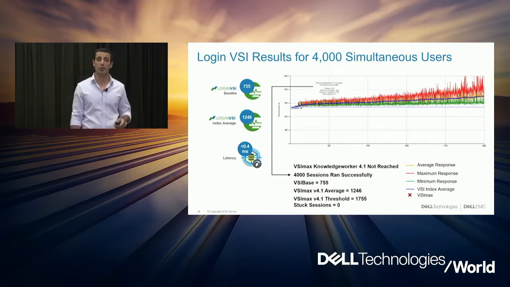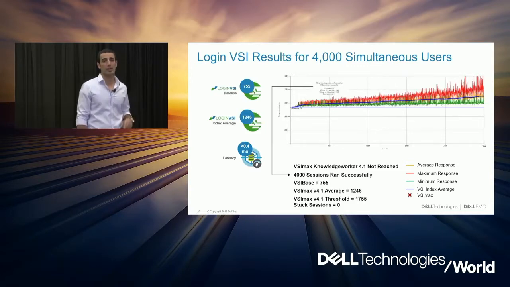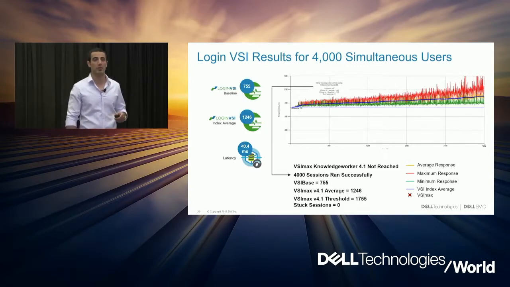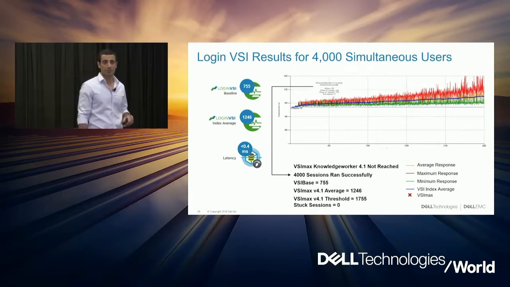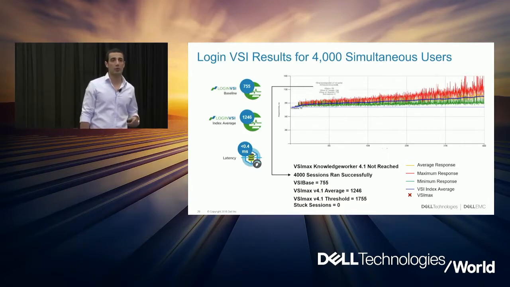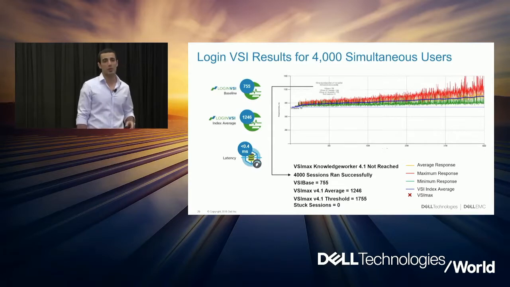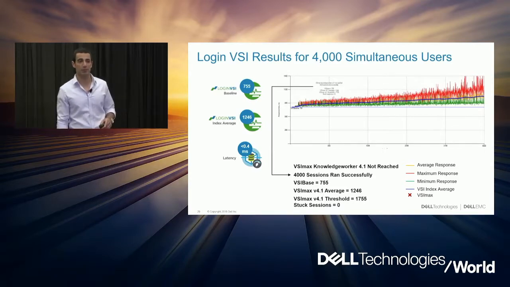Now, if we take a look at the graph, we don't see the VSI max red X, and as a result, we can understand that the performance was really great during all of the tests. We will be able to run more than 4,000 simultaneous desktops without affecting the performance.